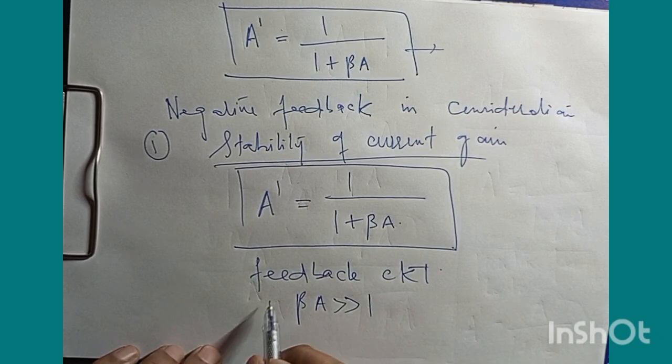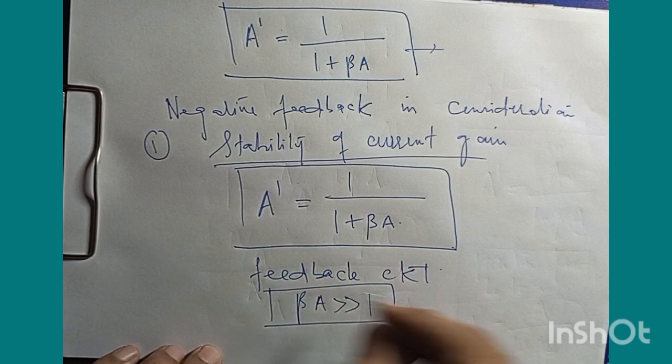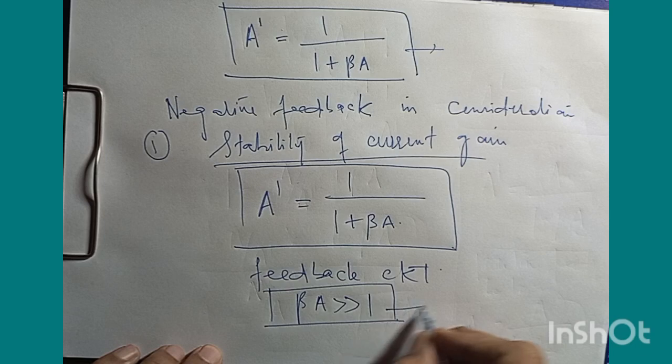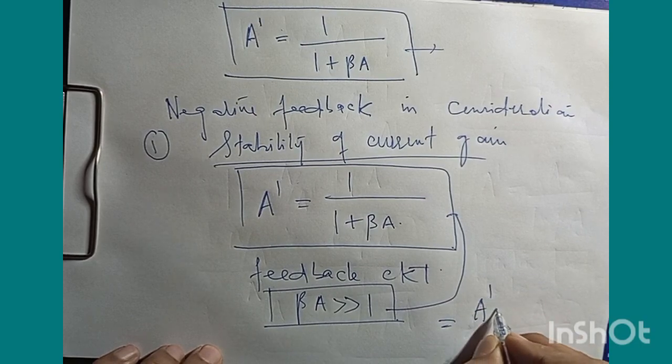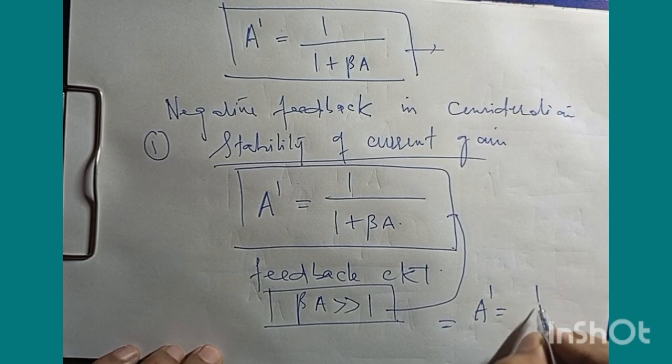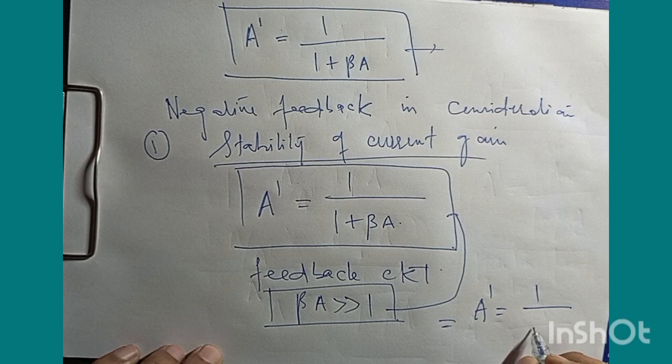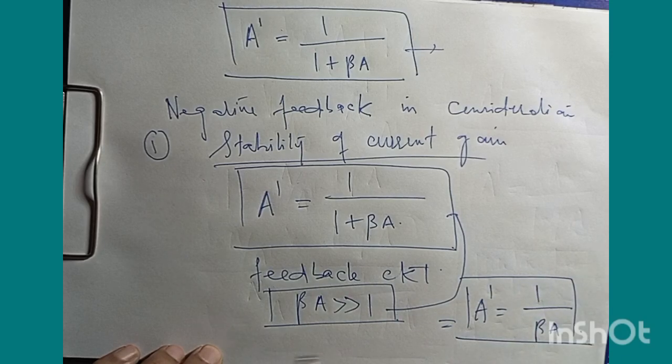So if we are able to achieve this condition, we can make use of this approximation in this equation, and once we do that, we'll get A dash is 1 by beta A, because beta A is very much greater than 1.